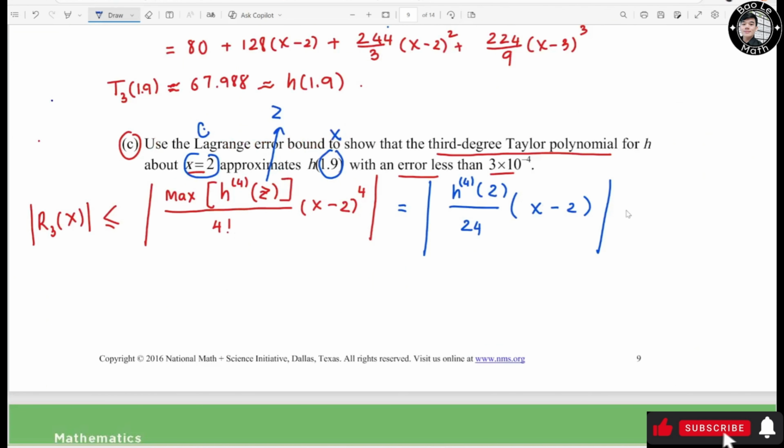So it's going to be 584 over 9 divided by 24, times s, which is 1.9, minus 2, which is negative 0.1. When you raise it to the 4th power, it's going to be positive, so I don't need to put this inside the absolute value sign anymore, right?